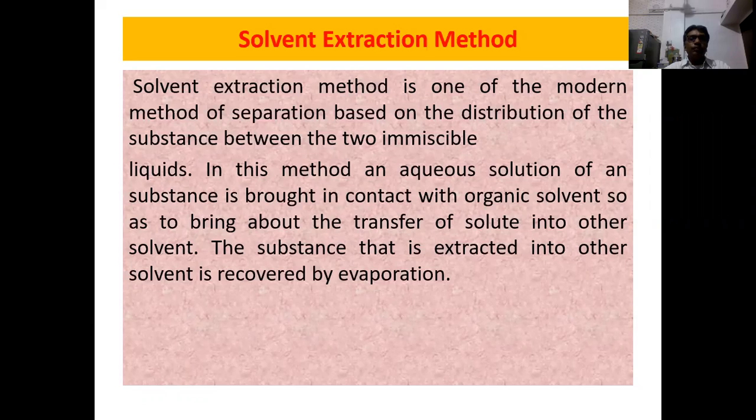For example, water and kerosene, or water and petrol, or water and diesel. Water is the aqueous solvent. Kerosene, petrol, and diesel are hydrocarbons. They are organic solvents, so they are immiscible with each other.